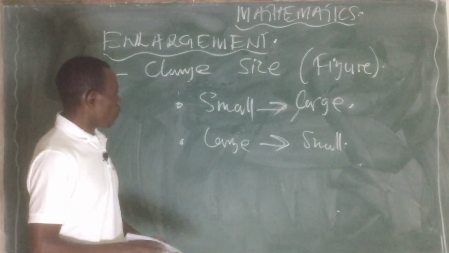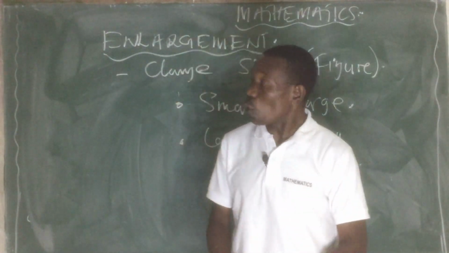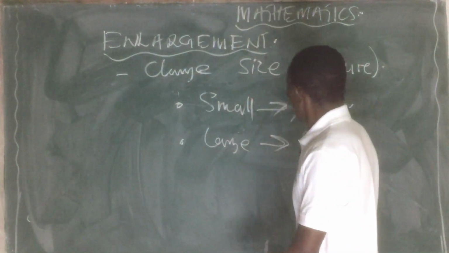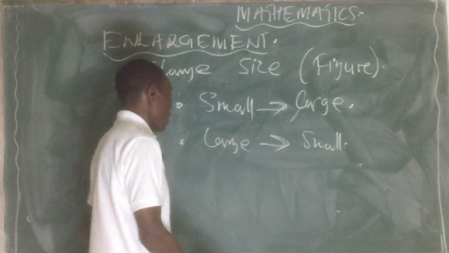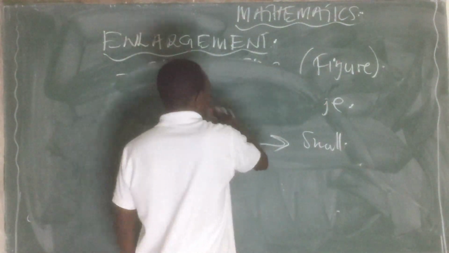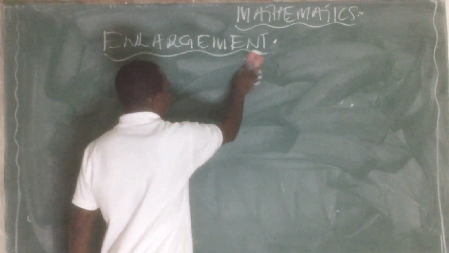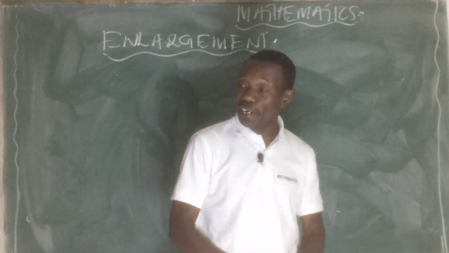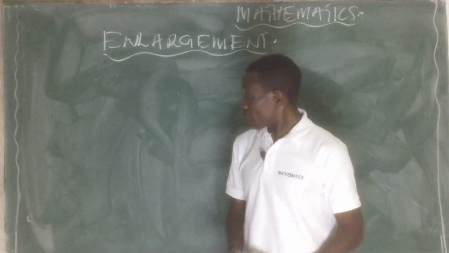Now, let's first discuss the issues that we will always notice every time a figure is enlarged, either by increasing or reducing the size. For example, they might give you a triangle of certain dimensions and ask you to enlarge it either by reducing or increasing its dimensions.